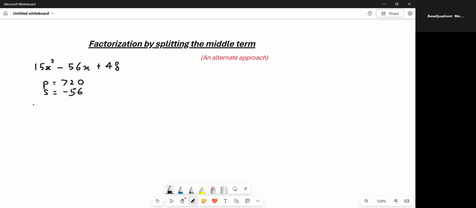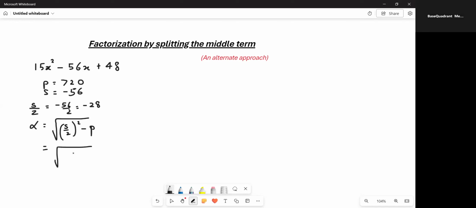So what we do is use the method by first finding half of the sum. S upon 2 is minus 56 upon 2, that is minus 28. Now use the formula. Alpha is equal to root of S upon 2 the whole square minus P. So you have to memorize this formula.